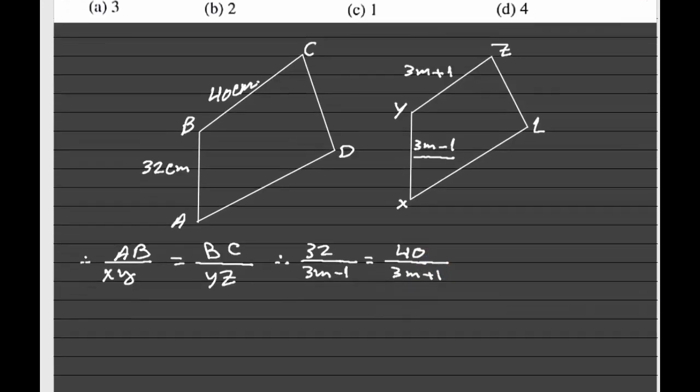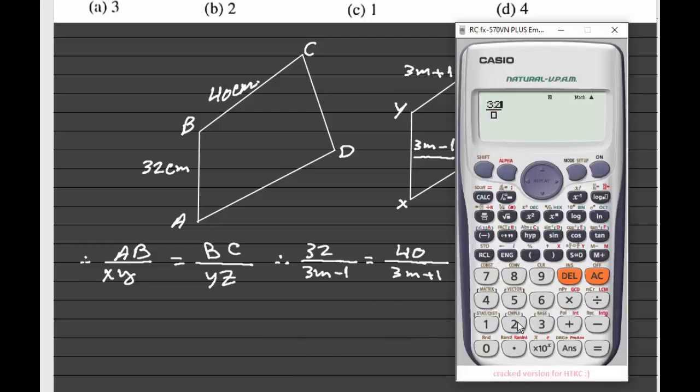You can use a calculator to calculate the value of m as follows: 32 over 3m minus 1 equals another fraction, 40 over 3m plus 1.